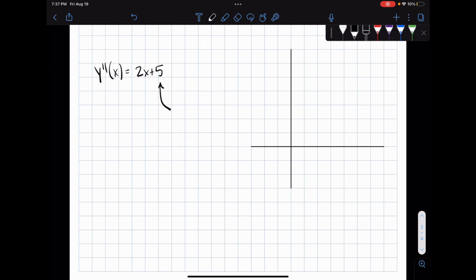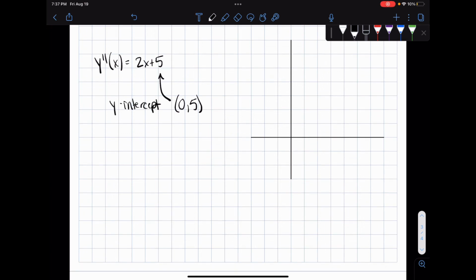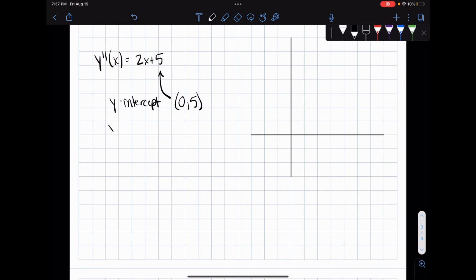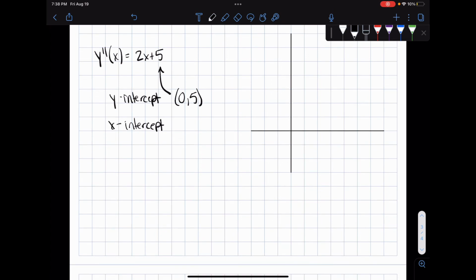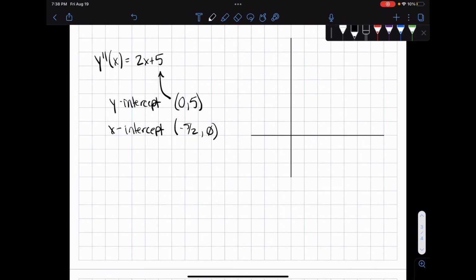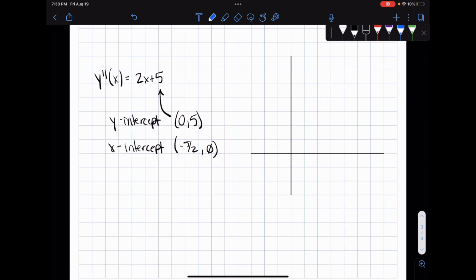So if we plugged in 0 for the x into this, we would get (0, 5) as the y-intercept. We can do the opposite, put in 0 for y and find the x-intercept. And that'll give us (-5 over 2, 0). And then from here, we can make a graph. It essentially, this will not be to scale. It's just going to be a straight line like this, where this is 5 and this is 5 over 2.